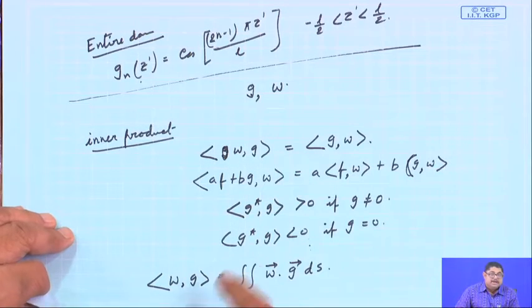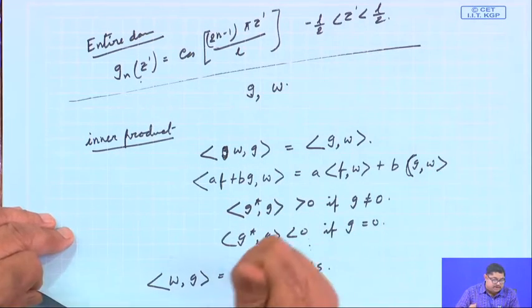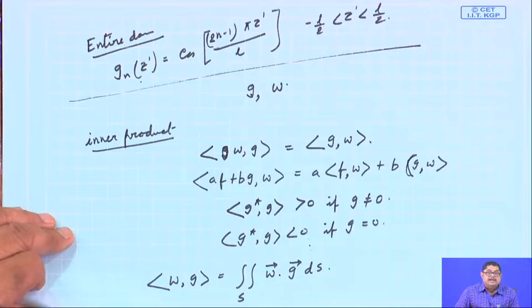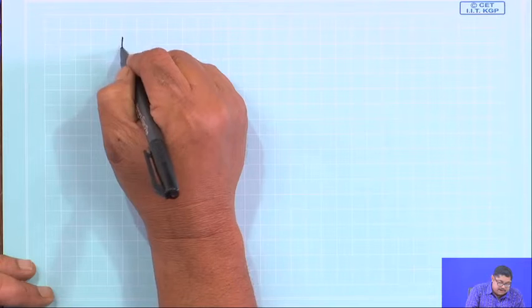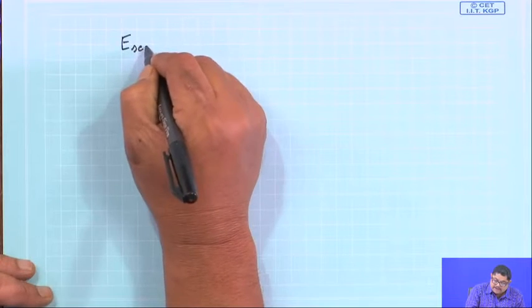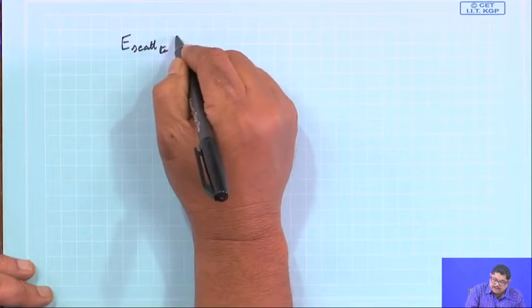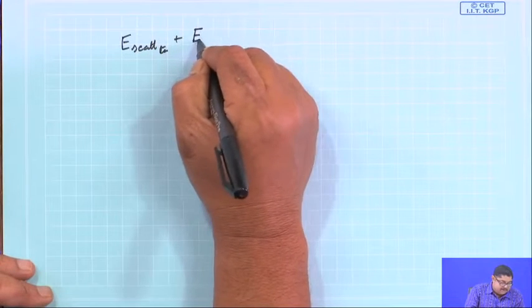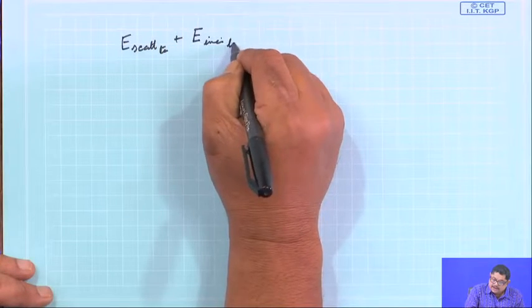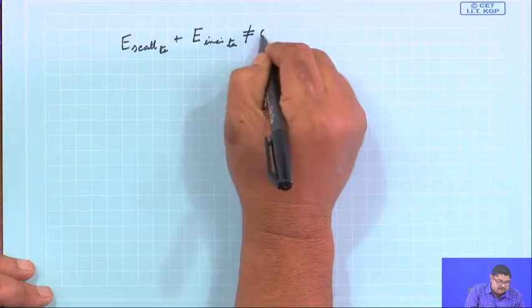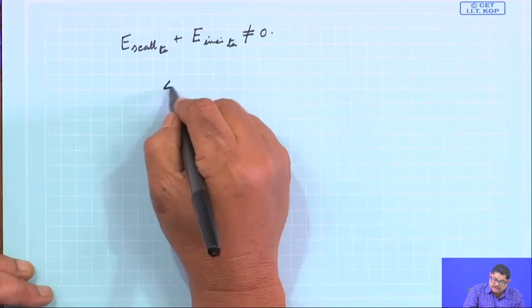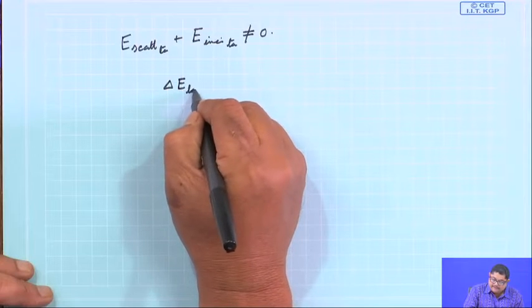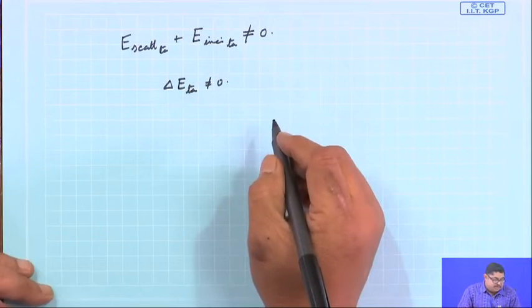Between these points the boundary conditions may not be satisfied, so we define a residual: on the surface, E scattered tangential plus E incident tangential is not becoming 0, so there is a delta E tan which is not equal to 0.